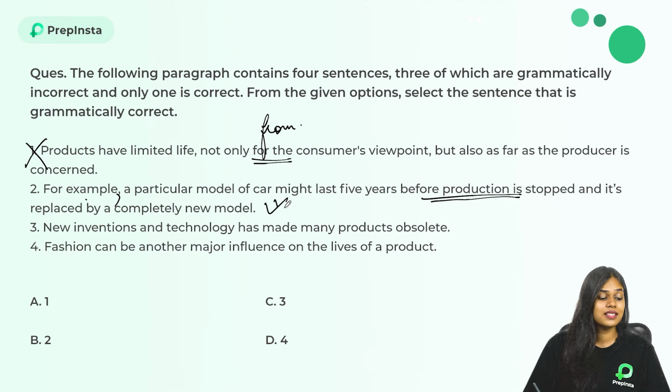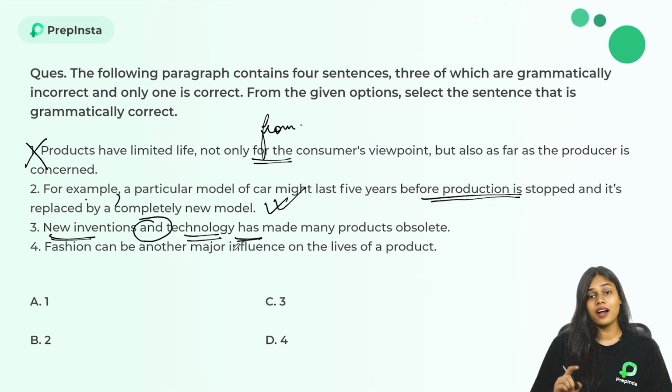So this sentence is actually grammatically correct. New inventions and technology has made many products obsolete. What is the error in this sentence? Since the subject new inventions and technology has been joined by the conjunction and, we cannot use a singular verb, we have to use a plural verb over here, that is have. All right, we cannot use has. So this sentence is incorrect.